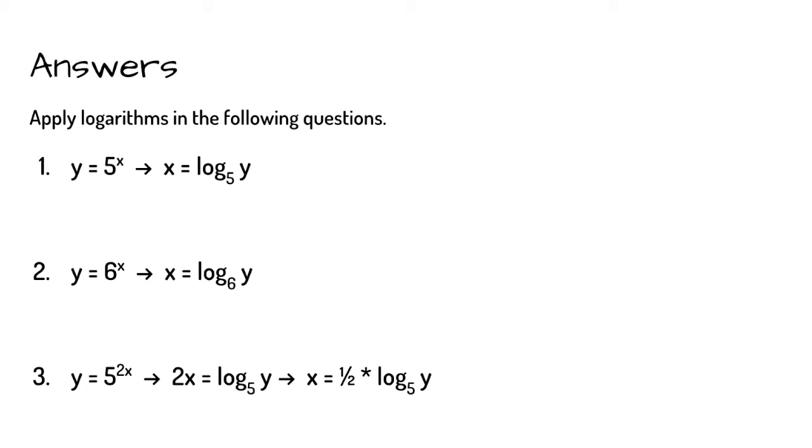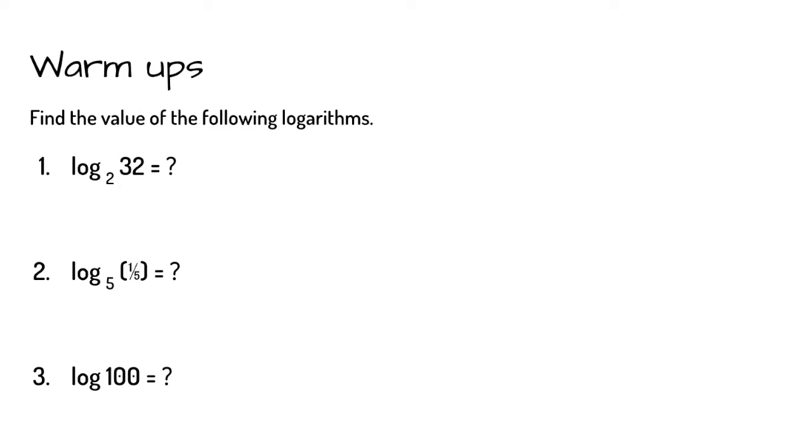You first form the exponent, you turn the exponent to the left side. The base always is the base, log base 5, and you insert the y over there. And all you have to do here is divide the whole equation by 2. So x equals 1/2 log base 5 of y. This is how you solve a simple log.